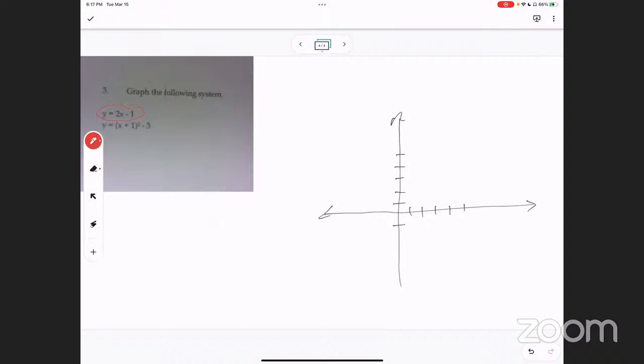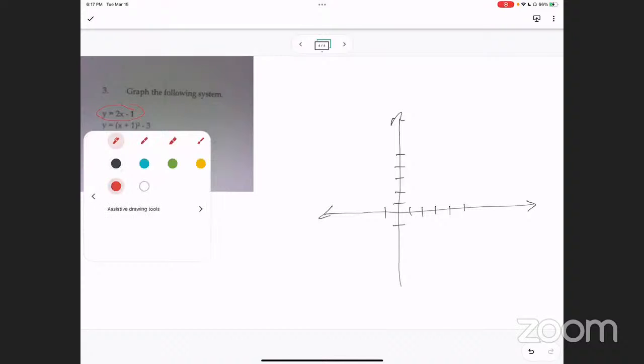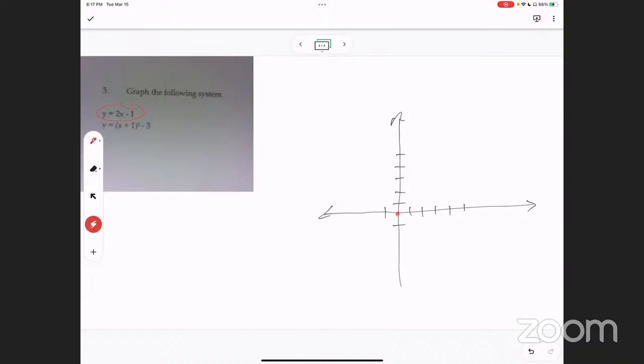So do I go up, down, left, or right? Sorry, I haven't plotted it yet. Where do I plot the y-intercept? Oh, I'm starting at the origin. At -1. So do I go left or down? Down. Good. Now what? And then you go up 2 over 1 to the right.